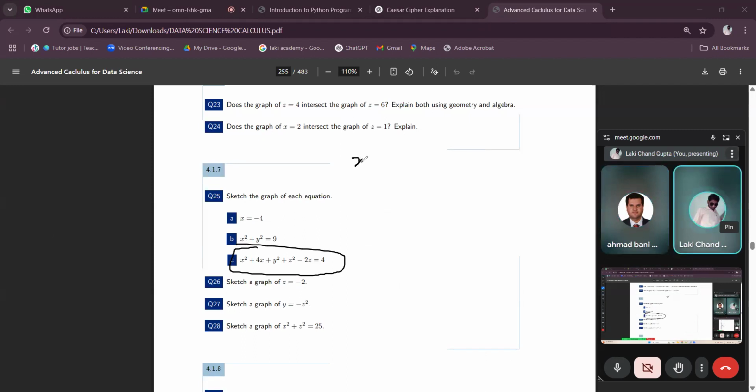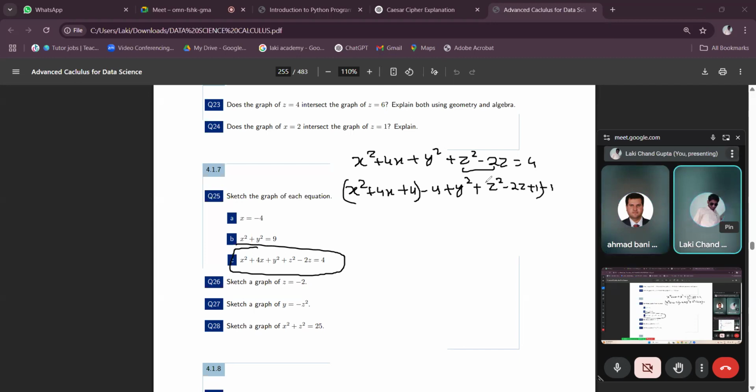If I ask you what is the center, see, if you add 4, you have to subtract 4 also. Why? I am adding 4 so that it becomes a formula. Again here, add 1 minus 1.